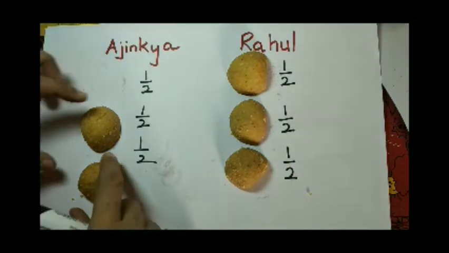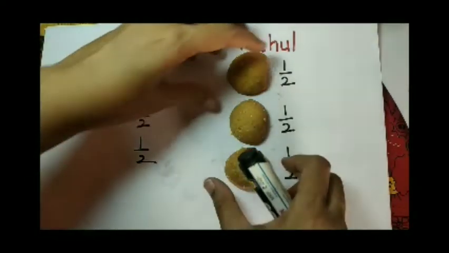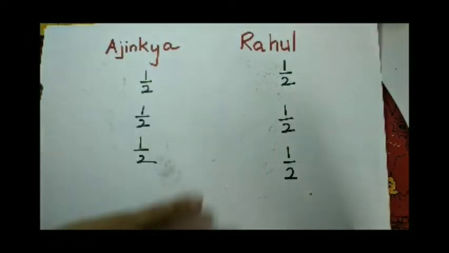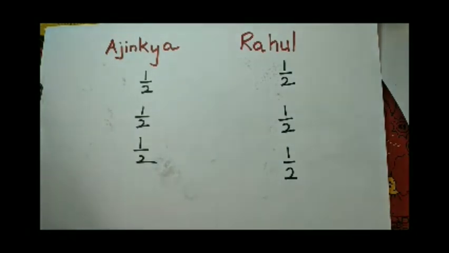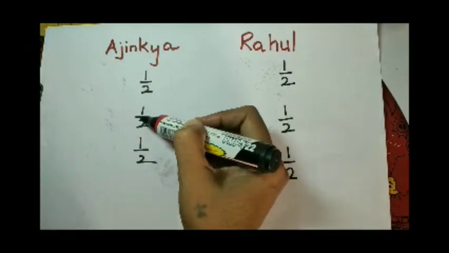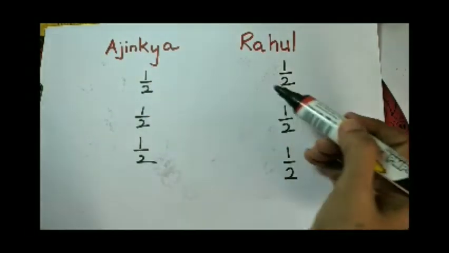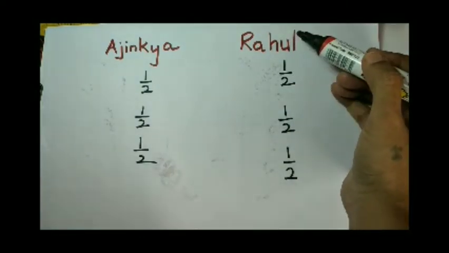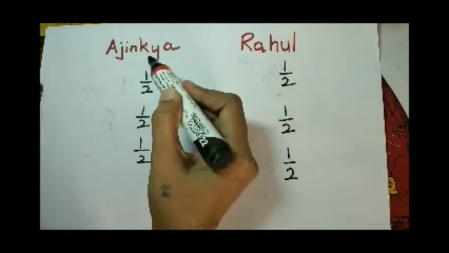Now we will remove the laddus. So here we see that each person gets three halves of the laddu. Ajinkya gets three halves of the laddu and Rahul too gets three halves of the laddu.